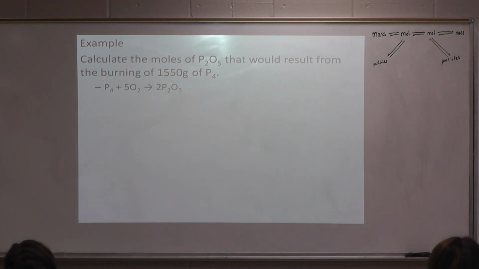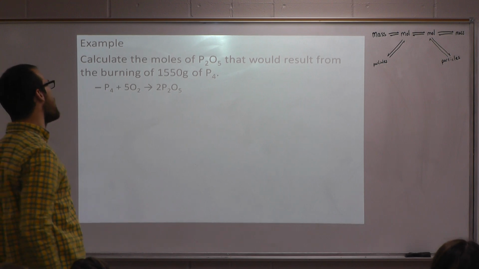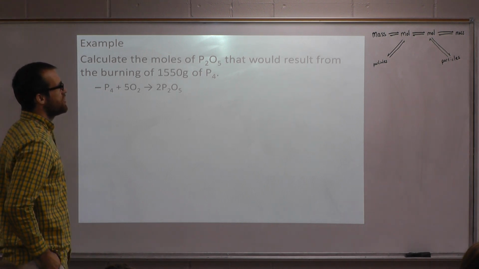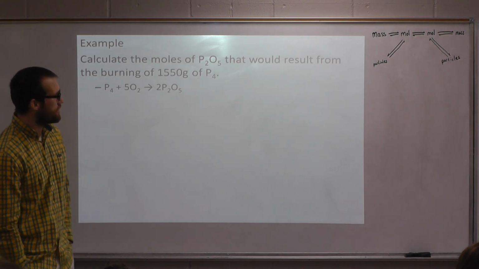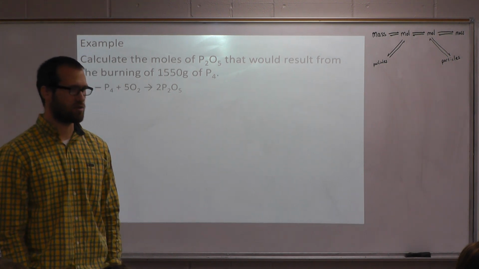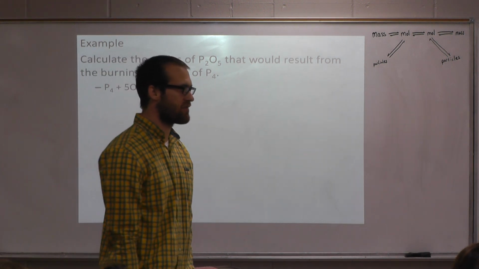Calculate the moles of P2O5 that would result from the burning of 1,550 grams of P4. What do you think is our very first step? The very first thing we've done in all other stoichiometry problems from the beginning of chapter 9?